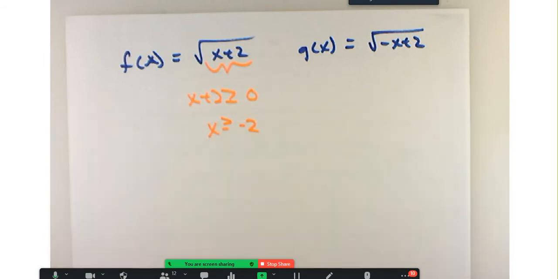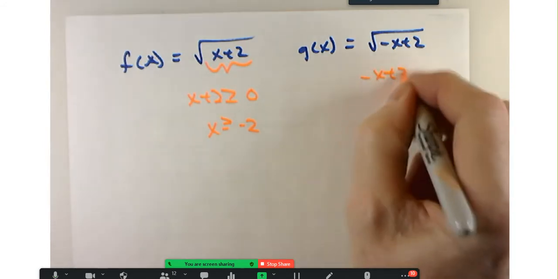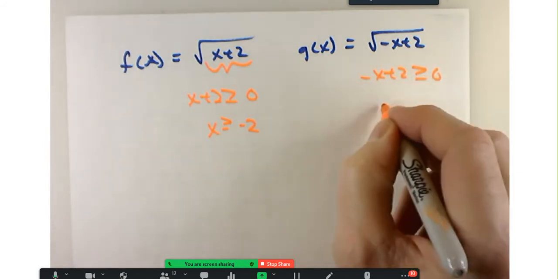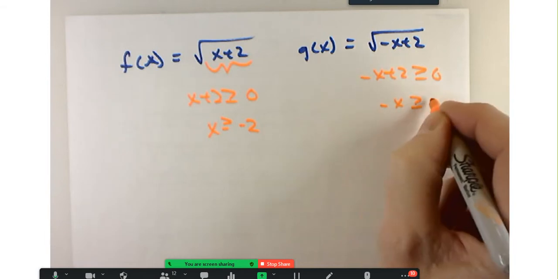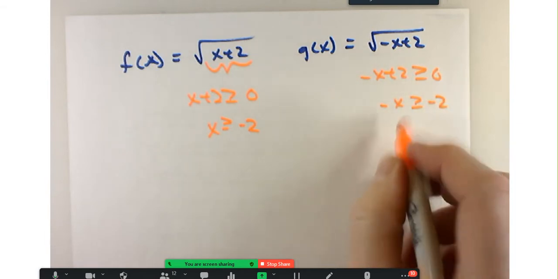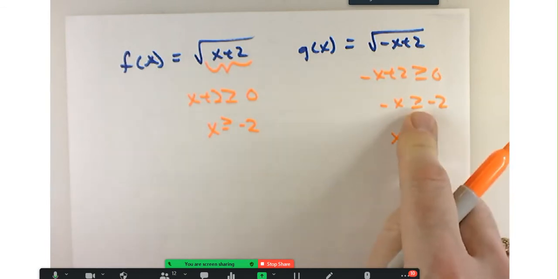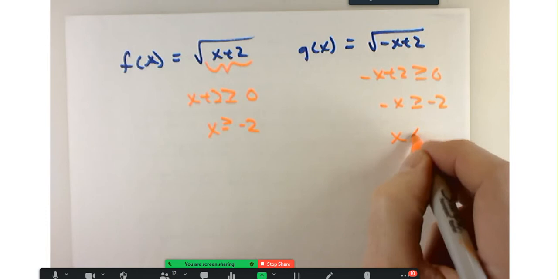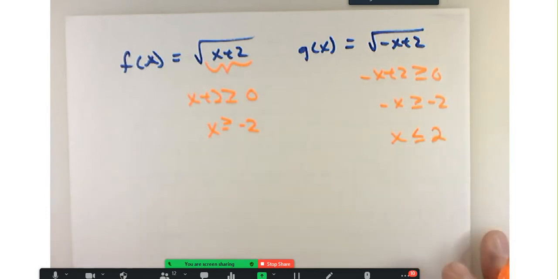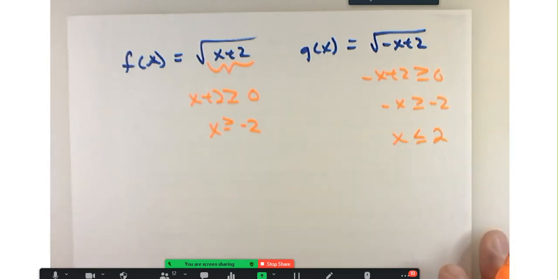Likewise, over here, I want -x plus 2 to be greater than or equal to 0, or -x to be greater than or equal to -2. If you divide both sides by -1, what happens to this inequality? It switches. So I've got x is less than or equal to 2.